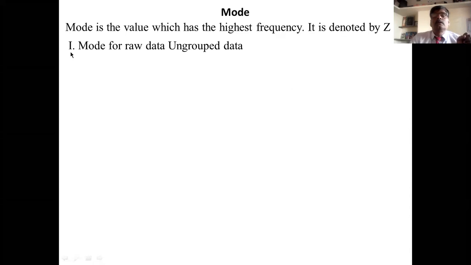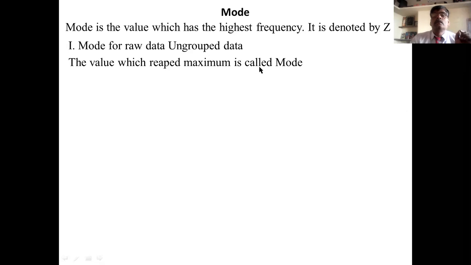Then first, how to calculate mode for raw data or ungrouped data. Okay, for example, the value which repeats maximum is called mode.